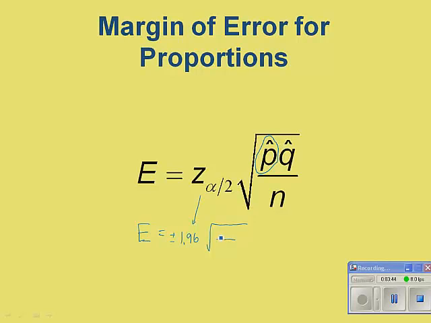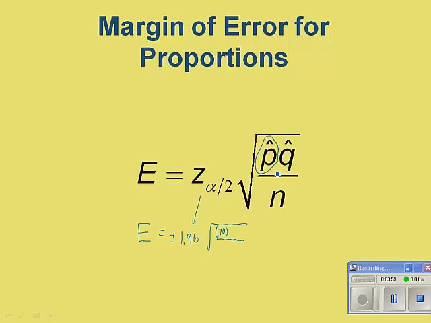So in our example, what was it? Wasn't it 70%? That was the study we were looking at in the chapter problem. P hat was 70%.